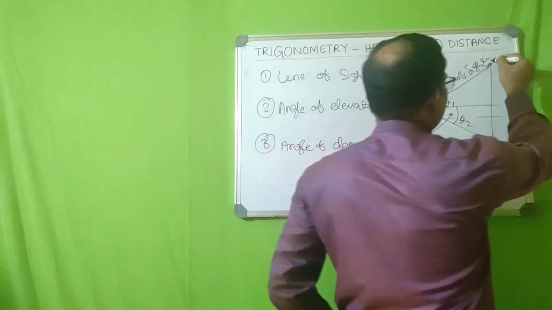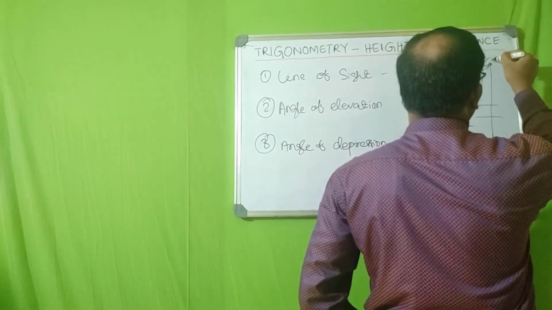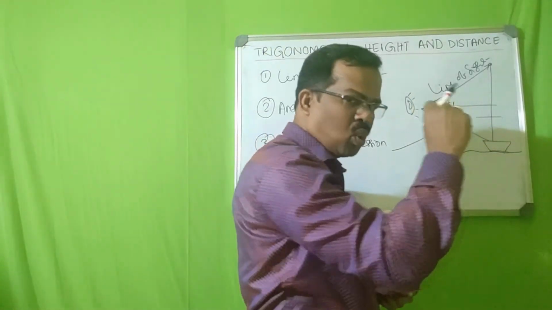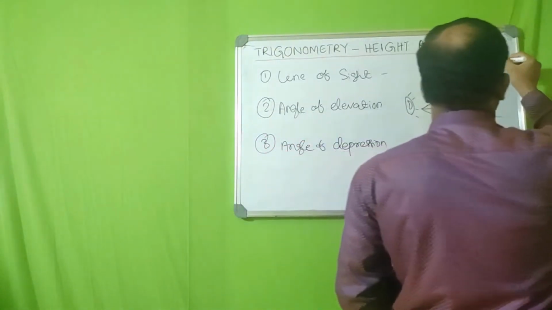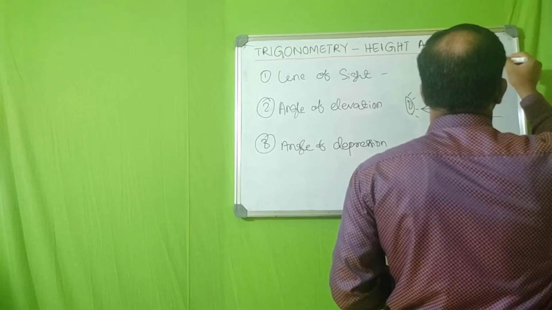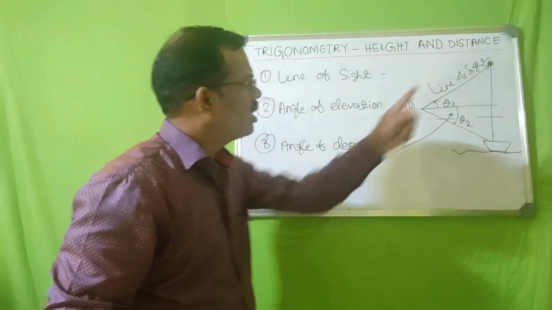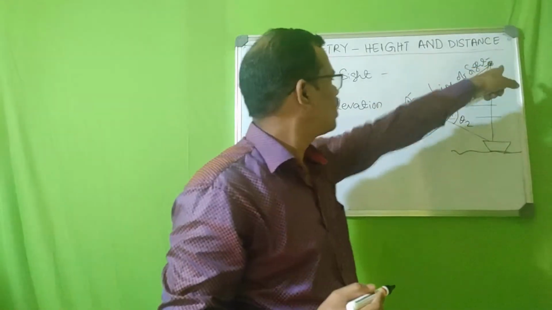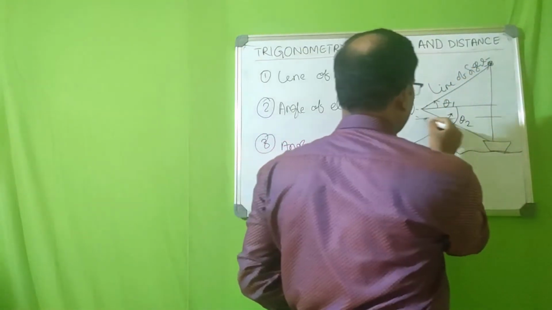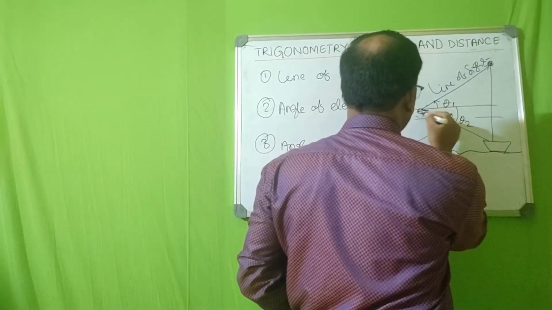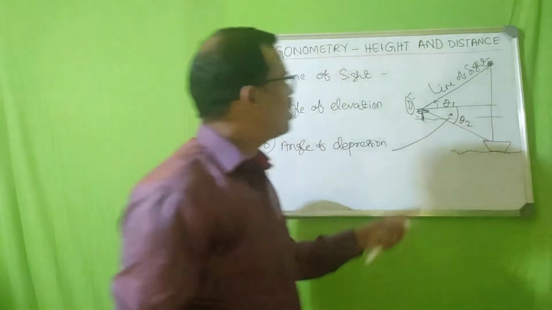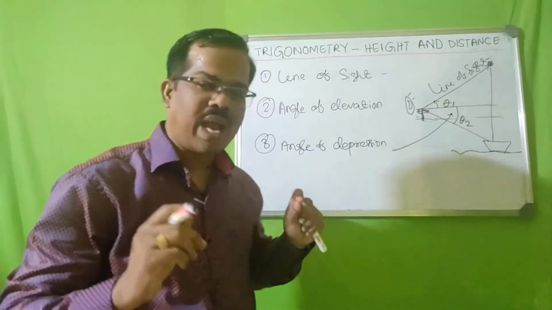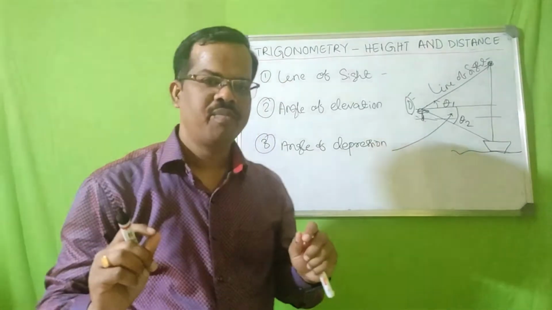Assume that there is somebody sitting on top of the pillar. Let's say it is a lamp post, and somebody is standing here on the lamp post. Now, if that person is standing on top of the lamp post and he is looking at something, let's say this is a tree, then will it be angle of elevation or angle of depression?